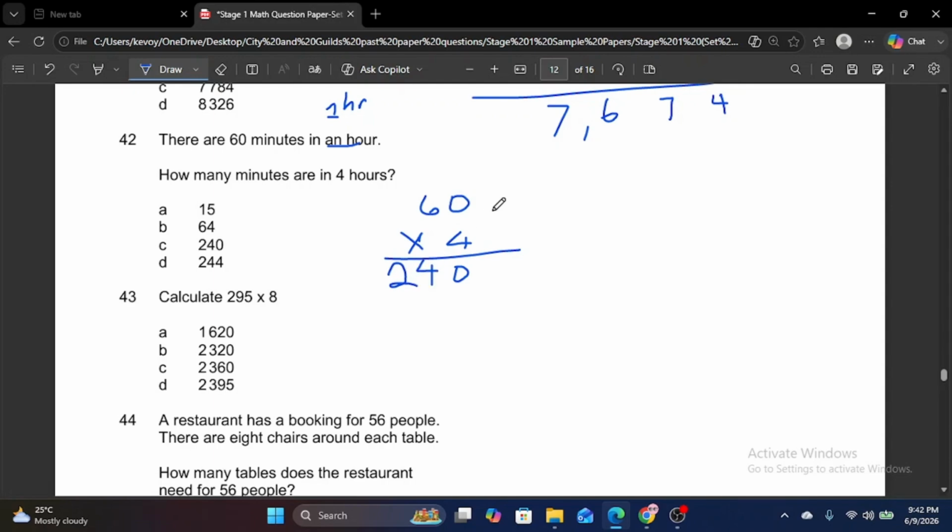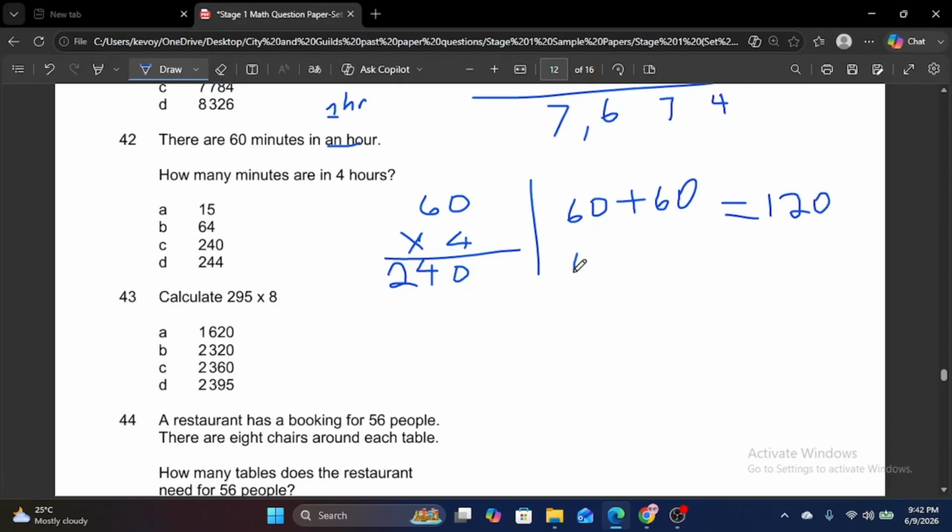Note, if you want to, you could also add 60 four times. So 60 plus 60 is equal to 120.